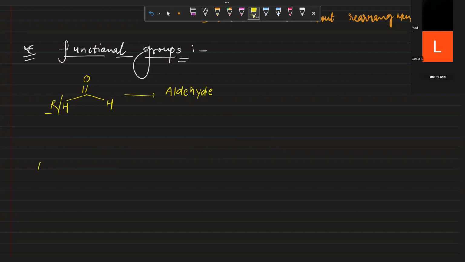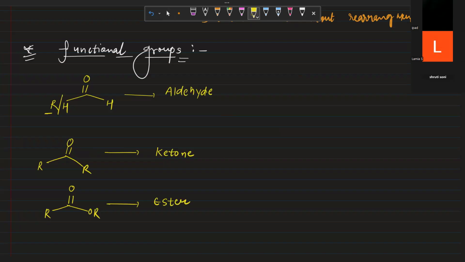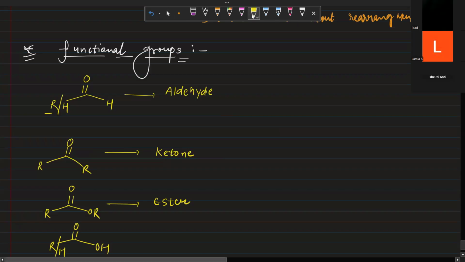If there is R on both sides, this is ketone. If there is double bond O and OR, this is ester. Double bond O and OH, with R or hydrogen, this is acid.